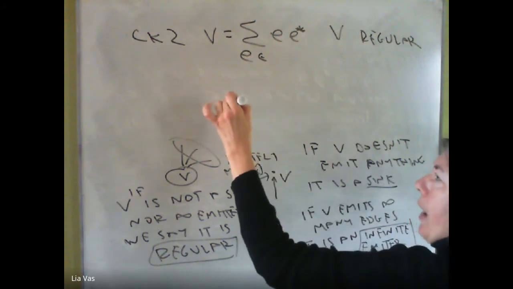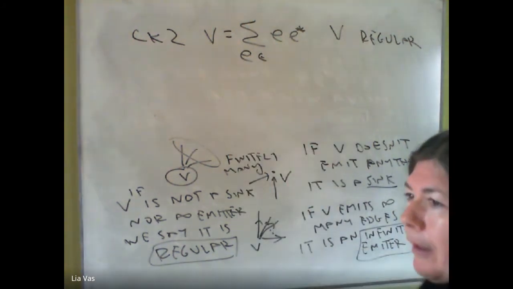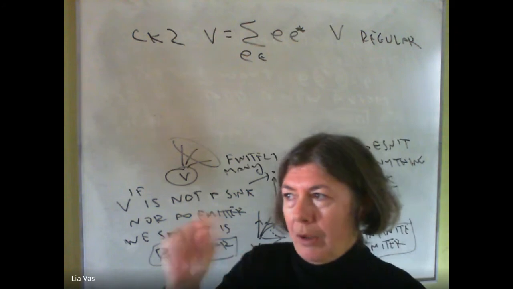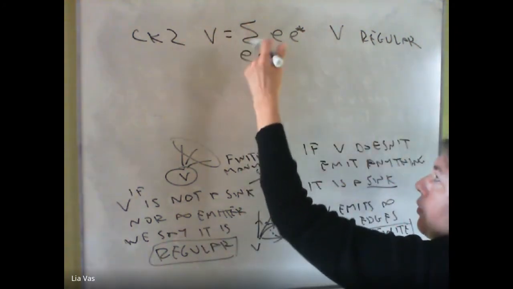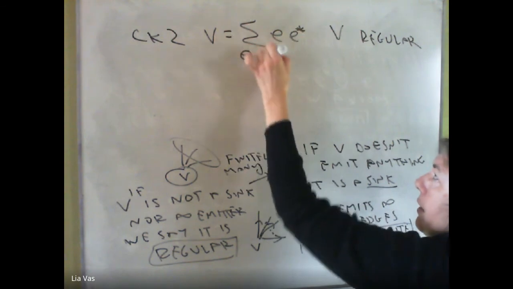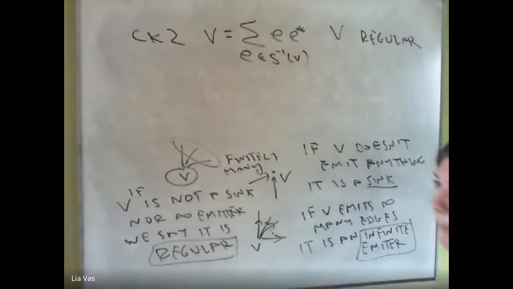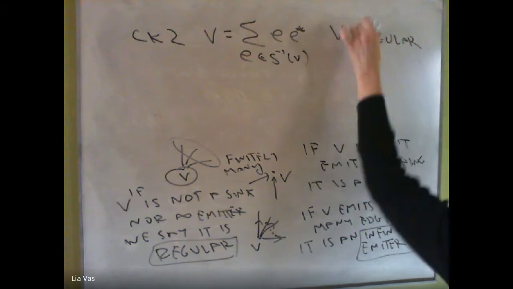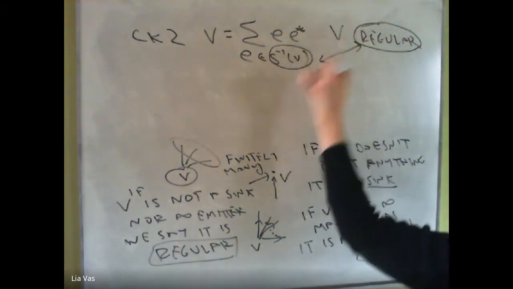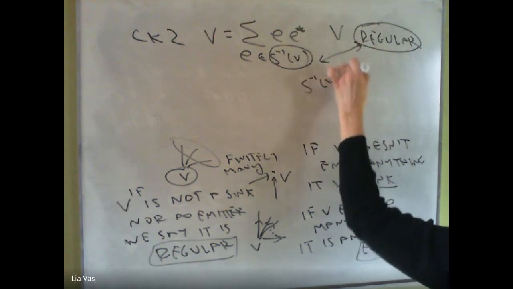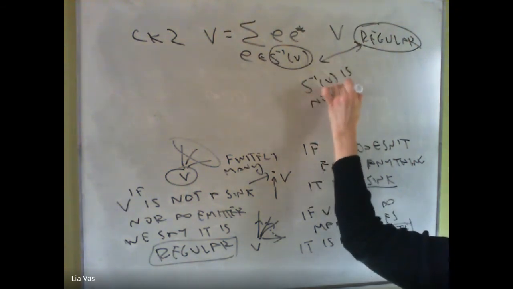Remember that the source map tells me what is the source of E. So I want to say V is a source of E, so I will say E is in S inverse of V. And remember what regular means. Regular means exactly that S inverse of V is non-empty and finite.